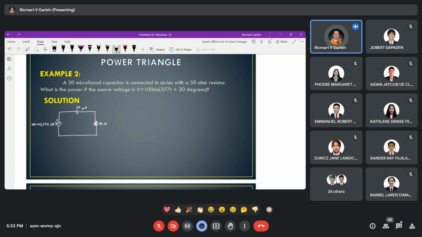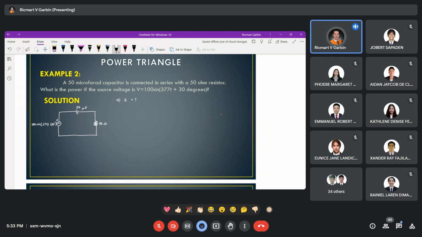So since power of the source voltage yung hinahanap sa atin diyan, walang specific, pero ang gagamitin natin is yung real power. So, paano natin kukuhanin yon? So, maraming paraan kung paano natin makukuha yung power. So, kung ang pinag-uusapan natin is apparent power, so S, this is the complex form of our power.